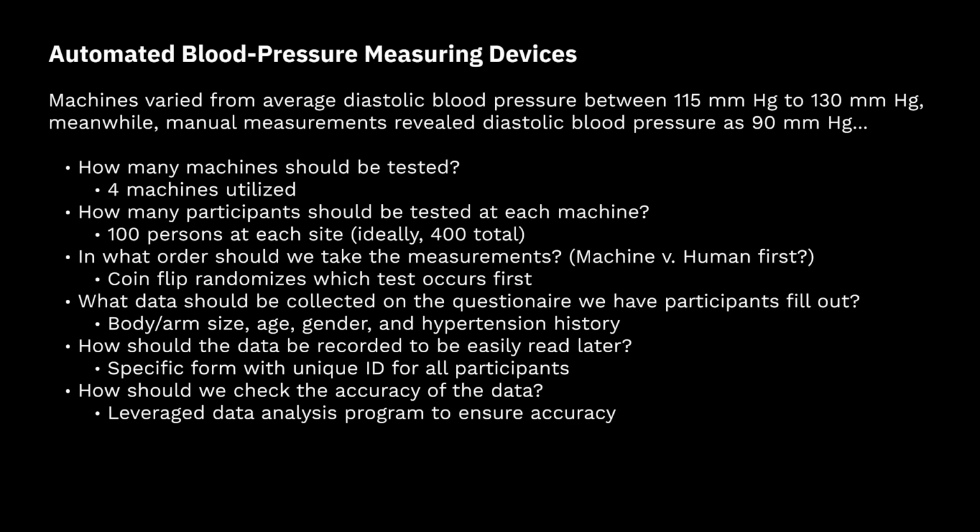And then how should the data be recorded to be read easily later? You want a form filled out, with a specific ID for all the participants, for anonymity and things like that. And you want to make sure that the data analysis program is able to be used to make sure that not only are you tracking data correctly, but there aren't any inaccuracies in the forms or anything like that.